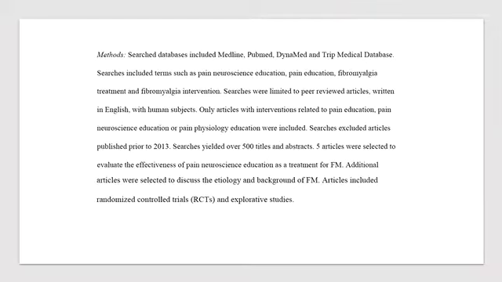Okay, they had over 500 titles, but we selected only 5. We honed in on these particular 5 because they were the ones that talked about pain neuroscience education as treatment for fibromyalgia. And then we added a few more based on the etiology and background of fibromyalgia, okay? But they focused on 5.